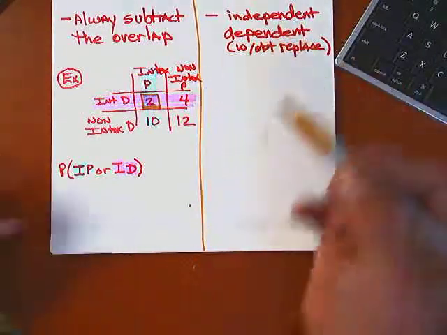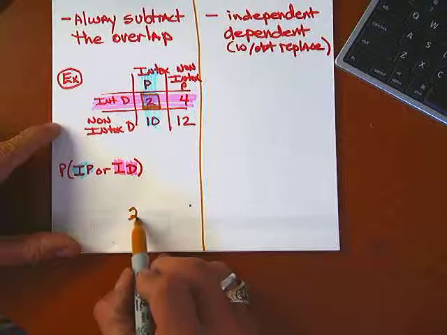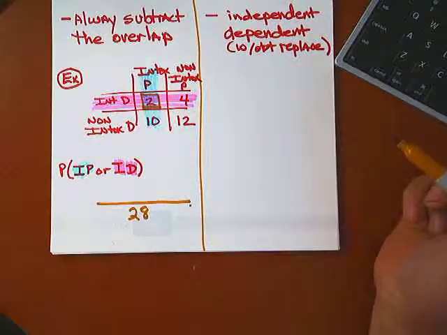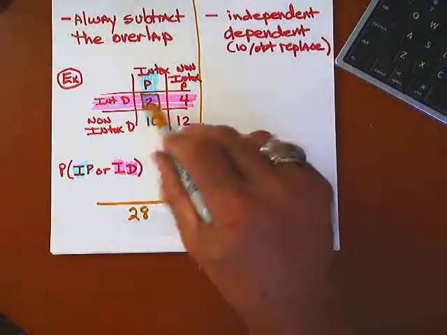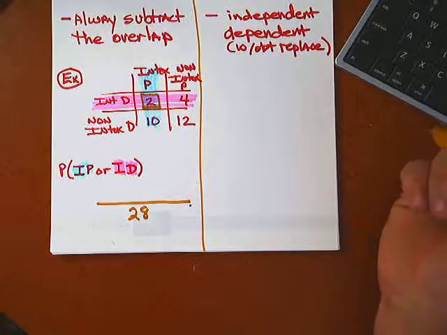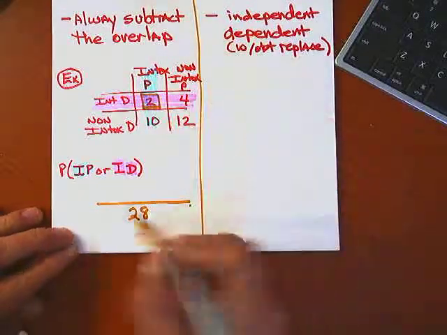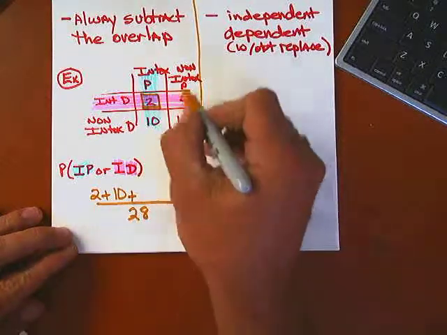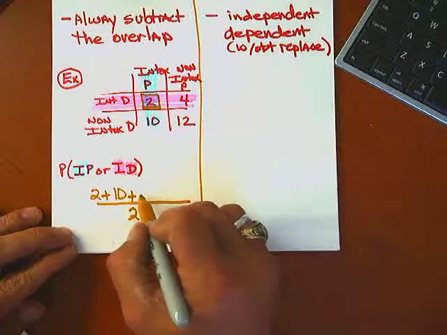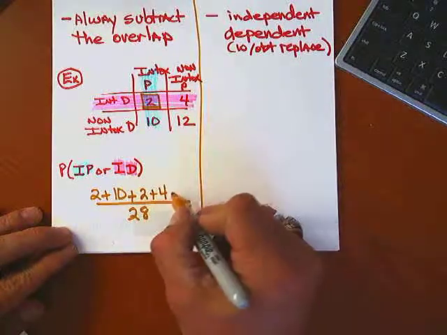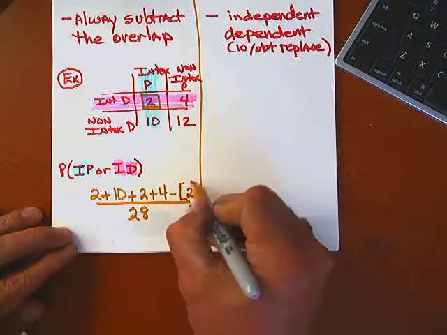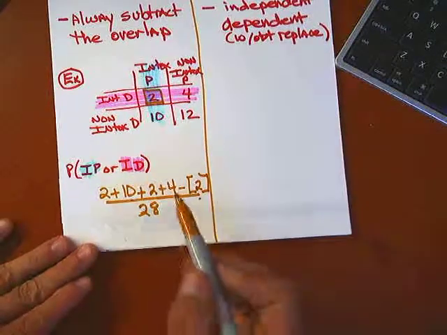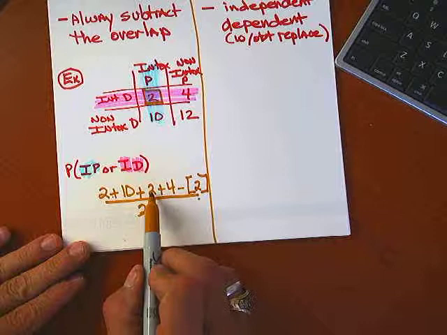Now, first of all, you get a total. Well, 10 plus that's 22, 24, 28. So 28 is going to be your denominator. And then you just add up whatever you have colored and subtract the overlap. So that will be 2 plus 10 plus 4 plus 2, or 2 plus 4. And then you minus the overlap.